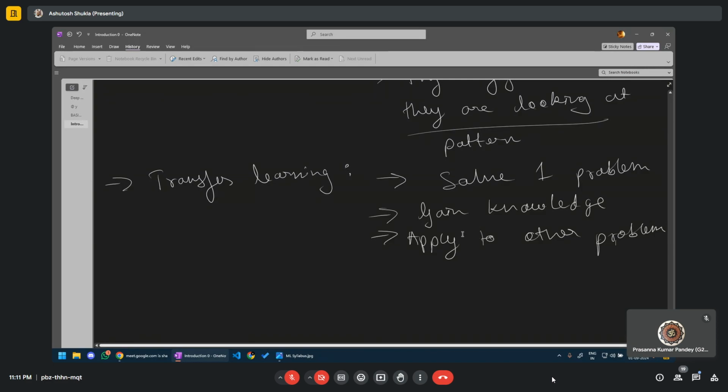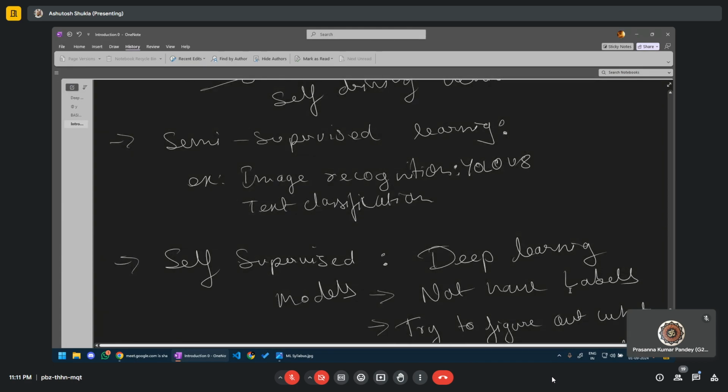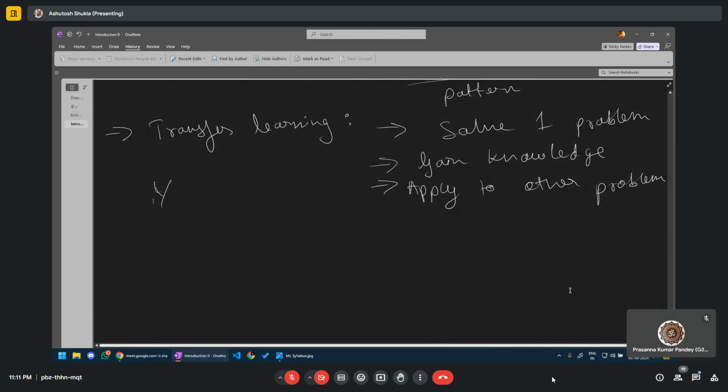Transfer learning is more like when you have a base model. Something like, I was talking about this, the semi-supervised example, YOLO. You take this model and train it on your own images, and then you make your own model out of it.